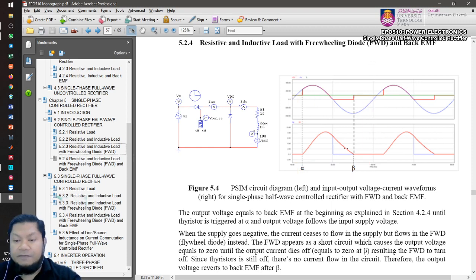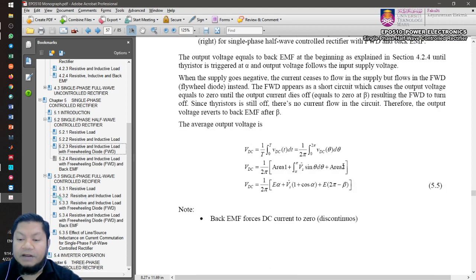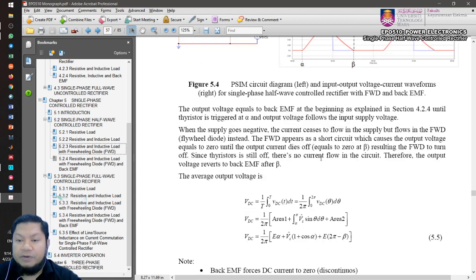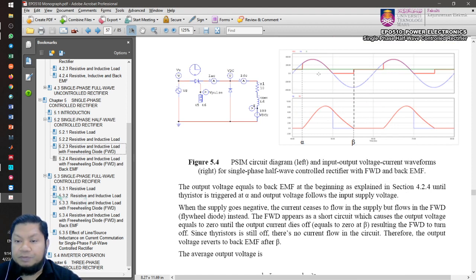Okay, so if you look at the derivation, integrate over one cycle, in radians, 1 over 2 pi, 0 to 2 pi, and now you start to look into the waveform. You have area 1, and then you have alpha to pi. So look at this waveform. It is alpha to pi, isn't it?